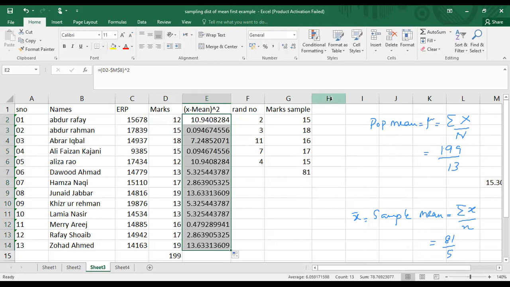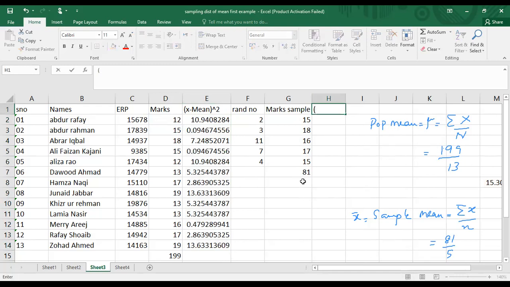And similarly, a column is to be calculated here for the sample variance: (X minus mean of sample) whole square. The same formula is to be applied.